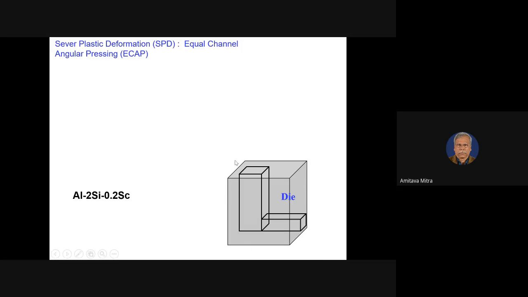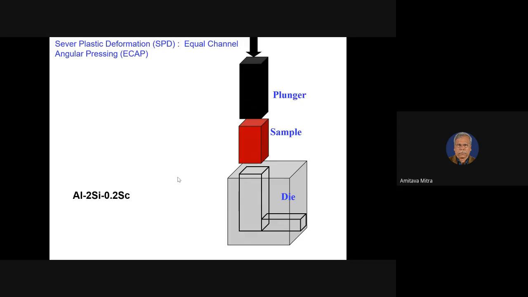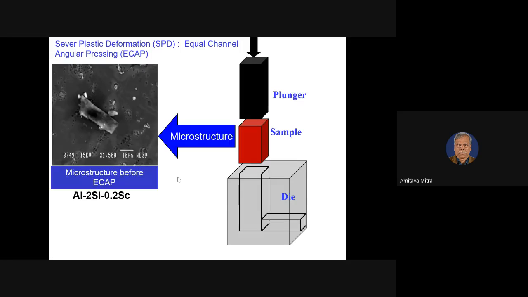For demonstration, I put the die like that. This is my sample, and this is my plunger. The microstructure of this material is like that. It's quite big. Precipitates are there.